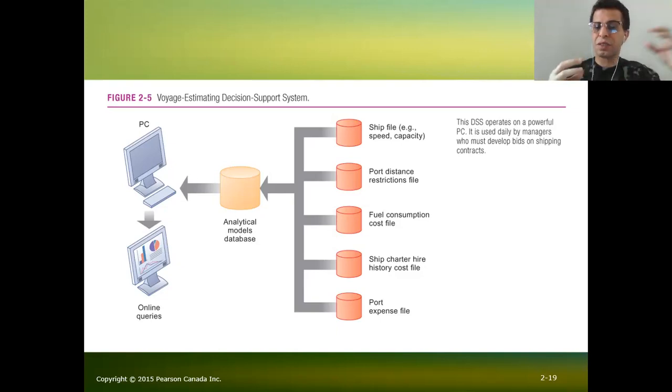You have the port distance, how far, and what kind of restrictions come from the data. You have how much fuel you're supposed to consume cost-wise, the ship charter hire history costs, and how much the port expenses are, in the DSS.